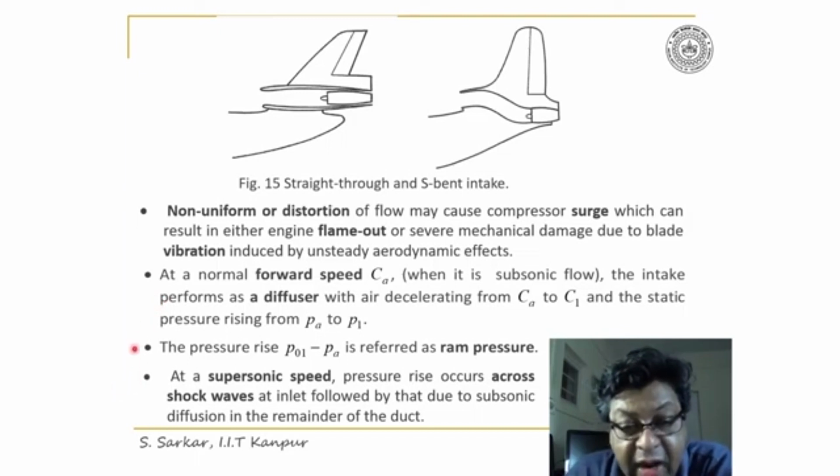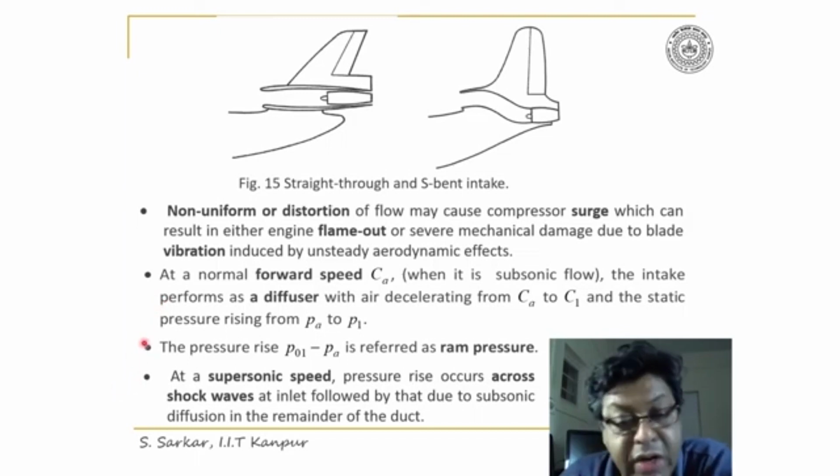Now the pressure rise P01 minus PA is referred to as ram pressure. Further, at a supersonic speed, pressure rise occurs across shock waves at the intake, followed by that due to subsonic diffusion in the remaining part of the duct.